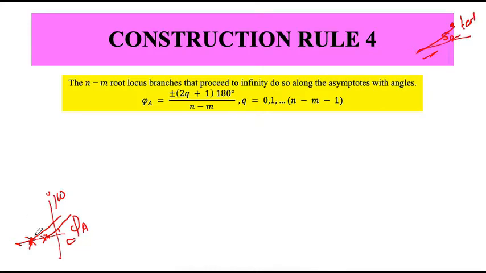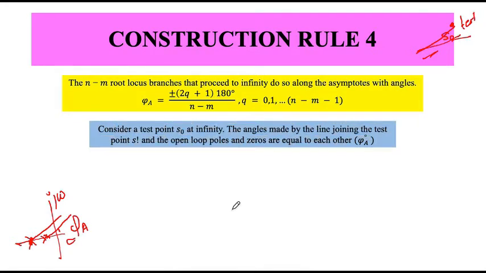How many angles are there? There should be n minus m angles, the difference between the number of poles and the number of zeros.